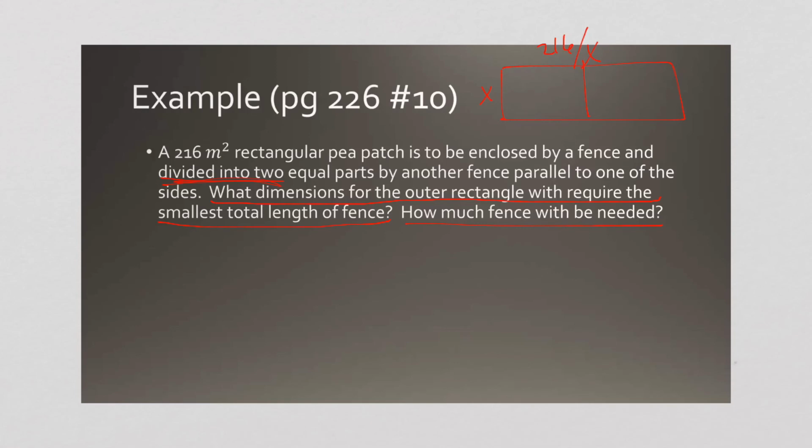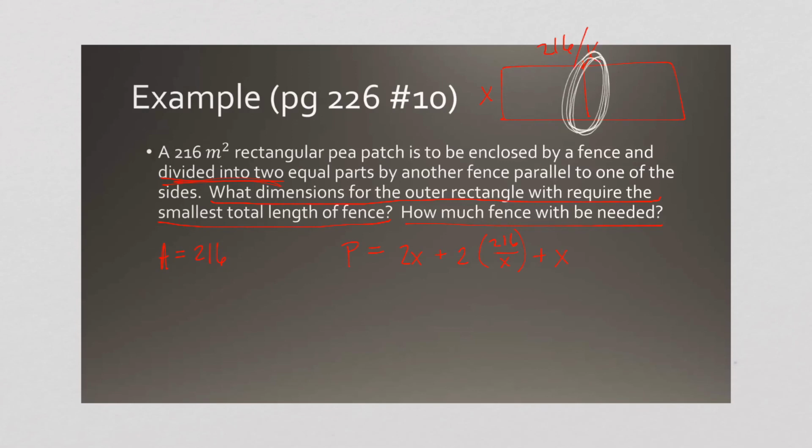Okay? So my area, I'm told, is 216, which means I need a second equation, which is my perimeter. Perimeter is going to be 2x plus 2 times 216 over x plus another x. Now why do we add the other x? We add the other x because of this length right here.